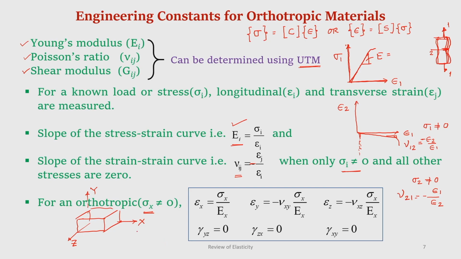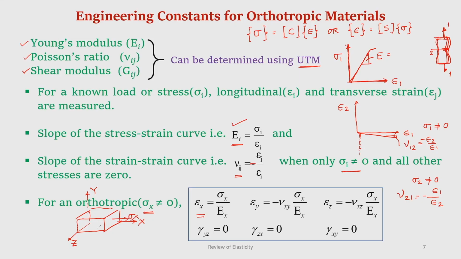If we apply sigma x, definitely there will be a strain along x which is given by sigma x by E x. Now, because of the Poisson's effect, application of sigma x along x will lead to strains epsilon y.